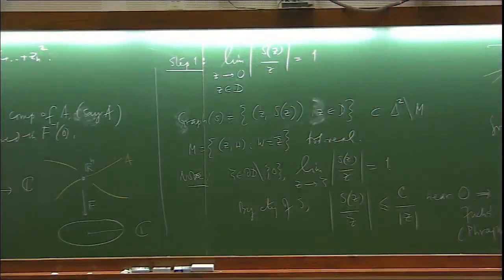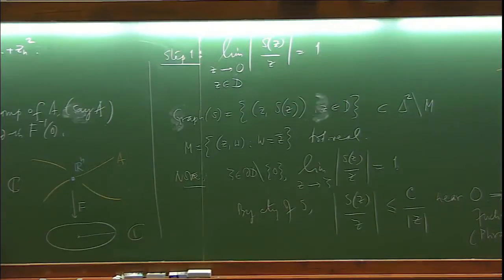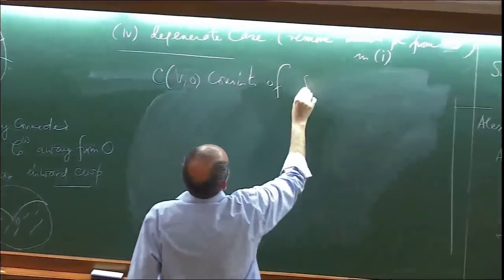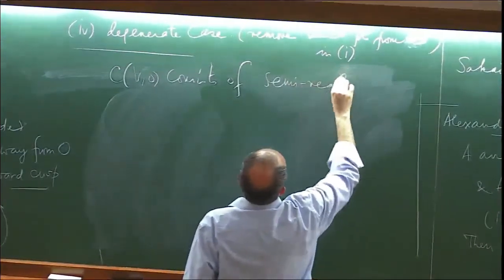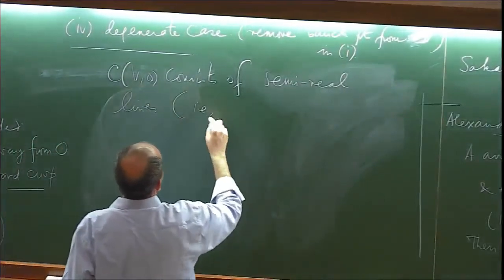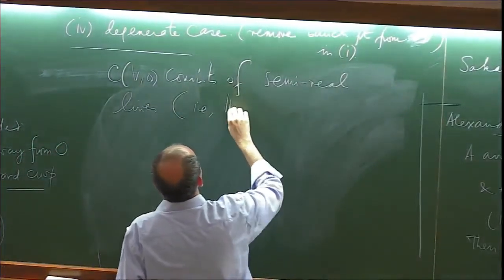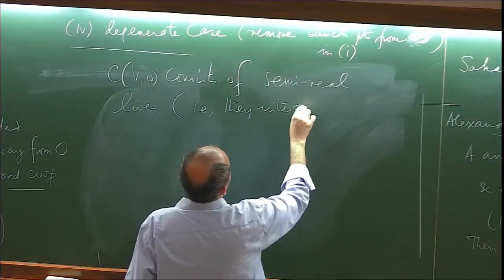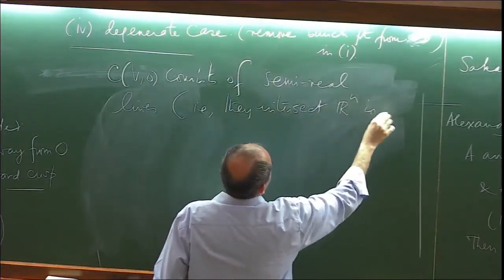So let's slide this down. So CV0 consists of lines, i.e. they intersect Rn in a real line.